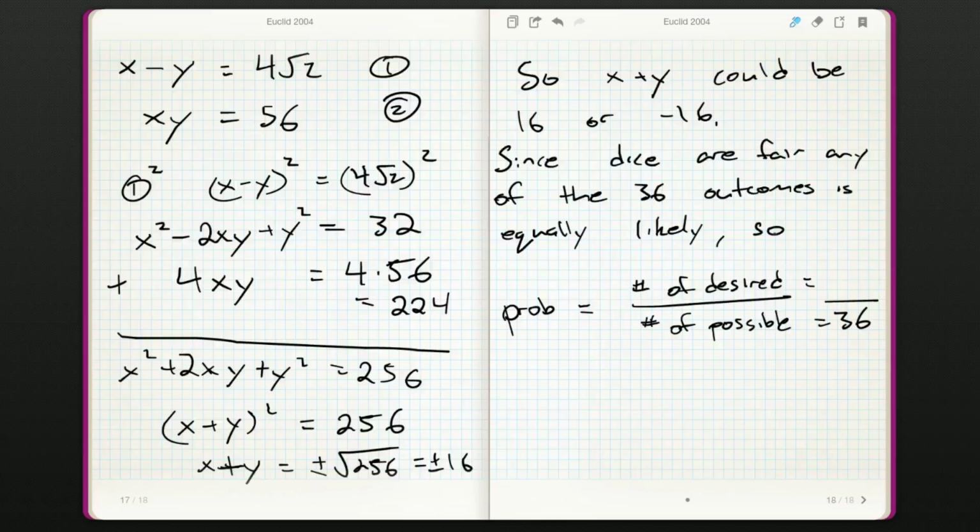Okay? I see a lot of people when it's a probability question on a contest, especially some more recent ones since there have been changes to at least the North American curriculum, just saying, oh, it's a probability question, it's the number of things I want out of the total number of possible things. And that's only true if everything's fair, if all the outcomes are equally likely.